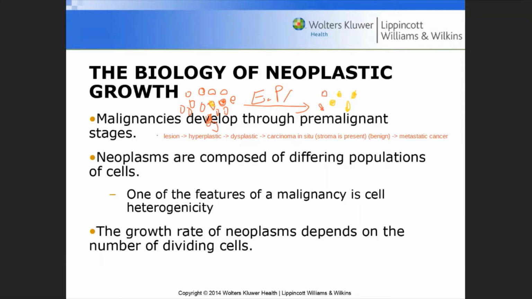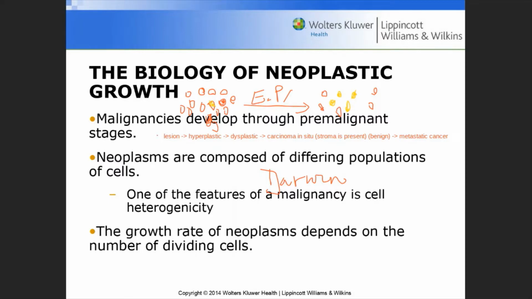So you can say that one of the features of cancer is very similar to Darwinism, Darwin's theory of evolution: first of all, you have changes within the population, and the environmental pressure selects for the species that gives it the advantage of surviving.